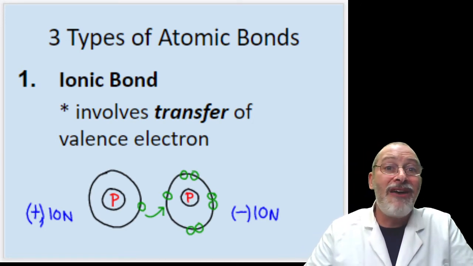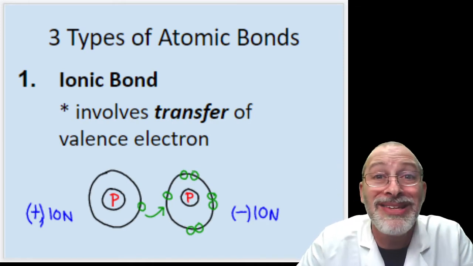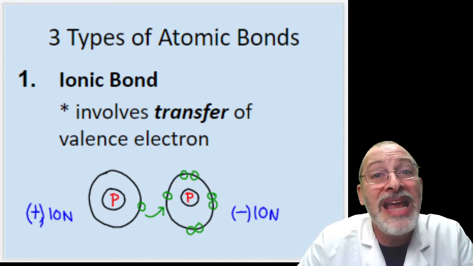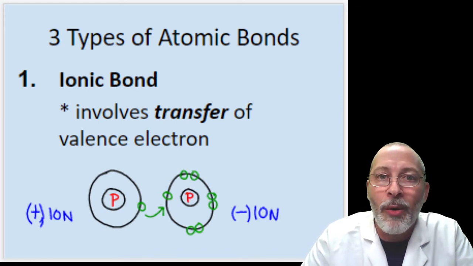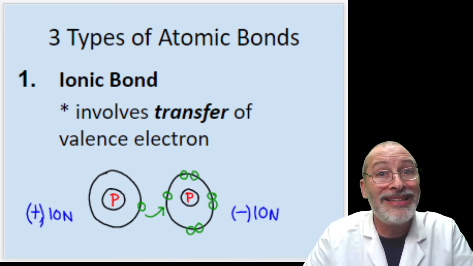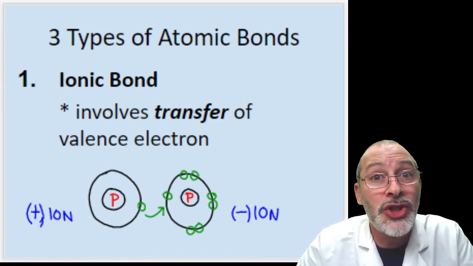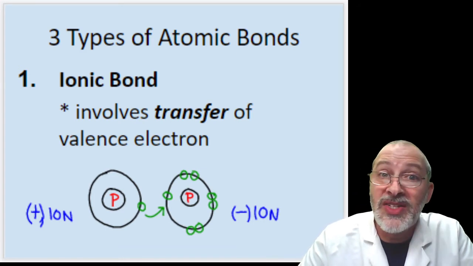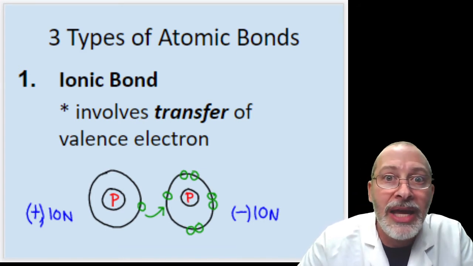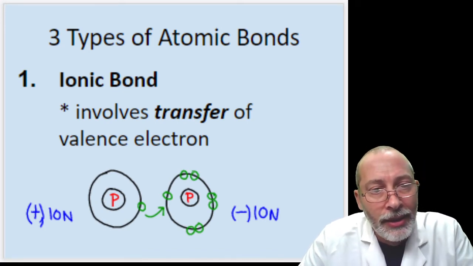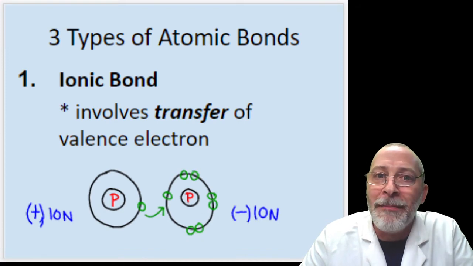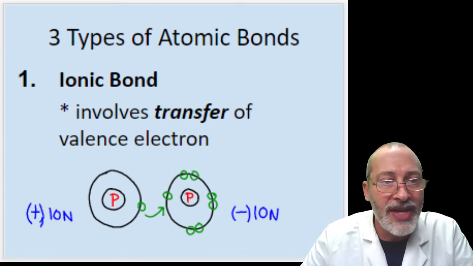It's going to now have more negatives than positives. It becomes a negatively charged ion. See how all of these words are tying together, which is why it's so important for you to be studying your vocabulary every day.